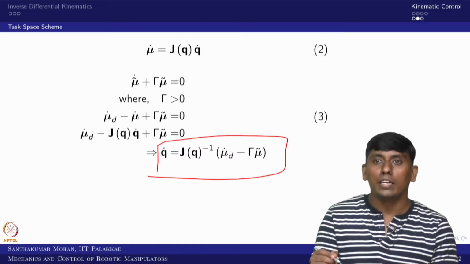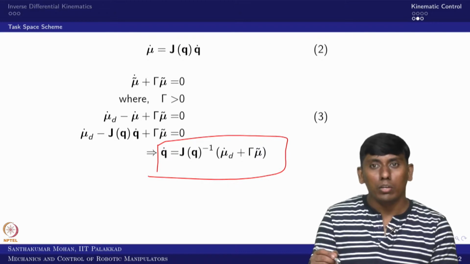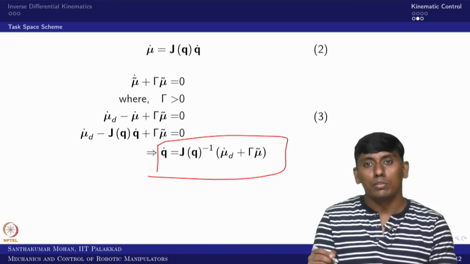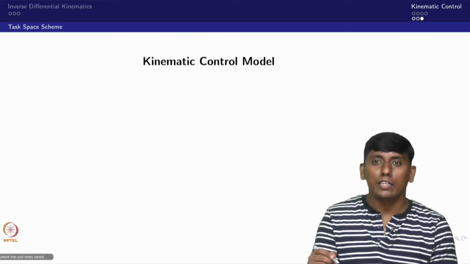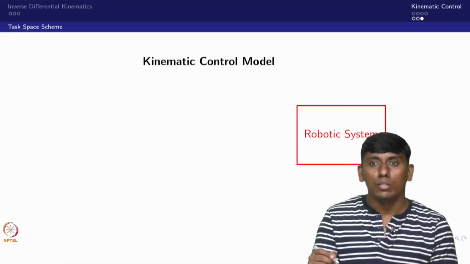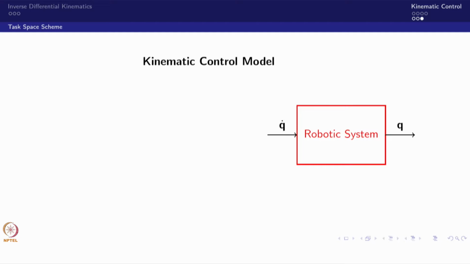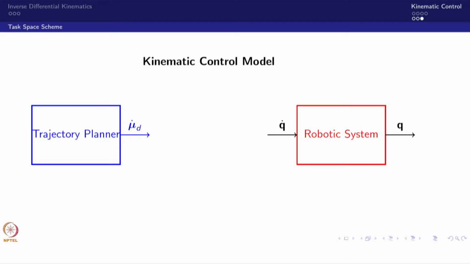So I have made the same thing in block diagram form. There was a small error, I will correct it in the handout. So the robotic system will give the output as q and input is q dot. Then we can see the trajectory planner. The trajectory planner will give the mu desired dot and mu desired.